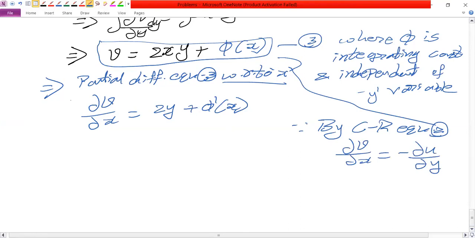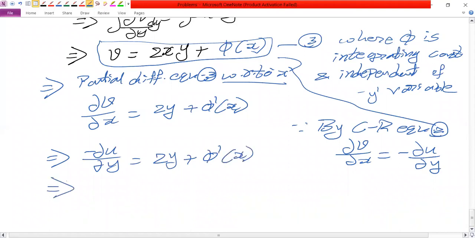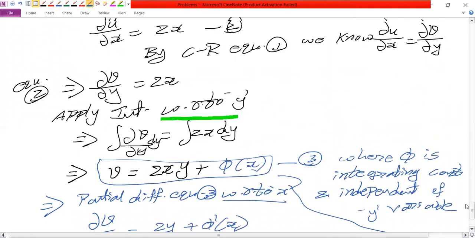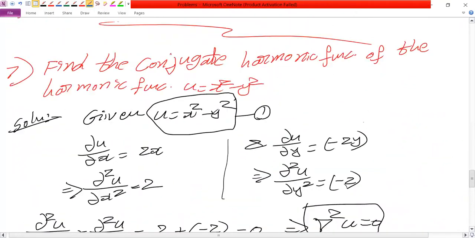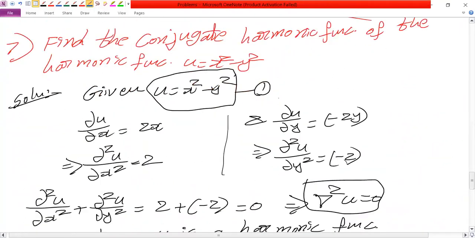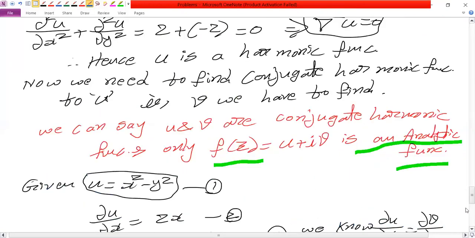Okay, so this is the left hand side. I am going to replace dou v by dou x with minus dou u by dou y, which equals 2y plus phi dash of x. But what is dou u by dou y? Already we got dou u by dou y as minus 2y.